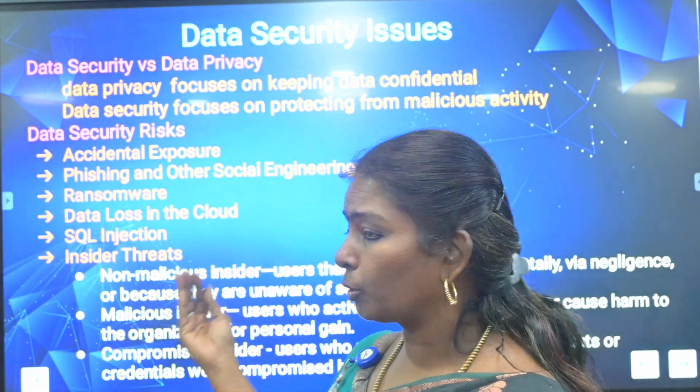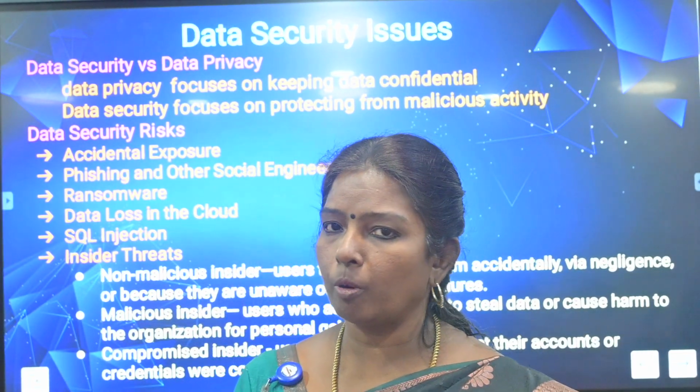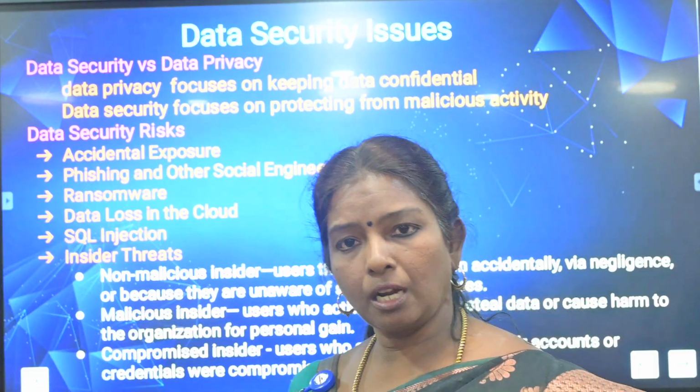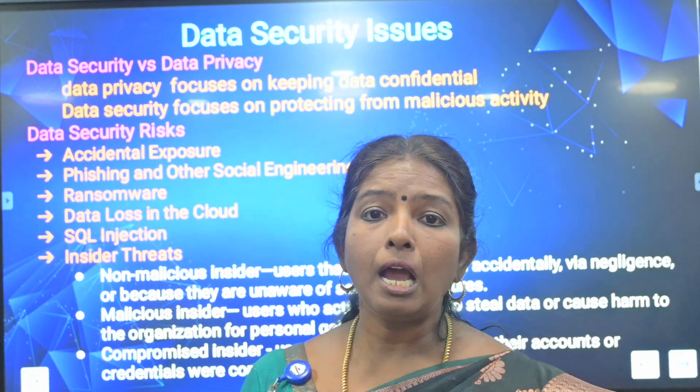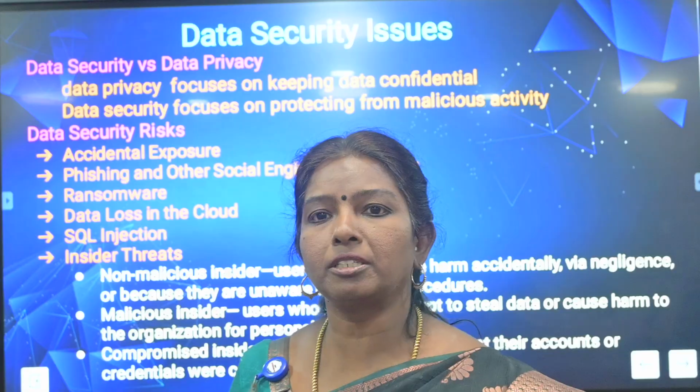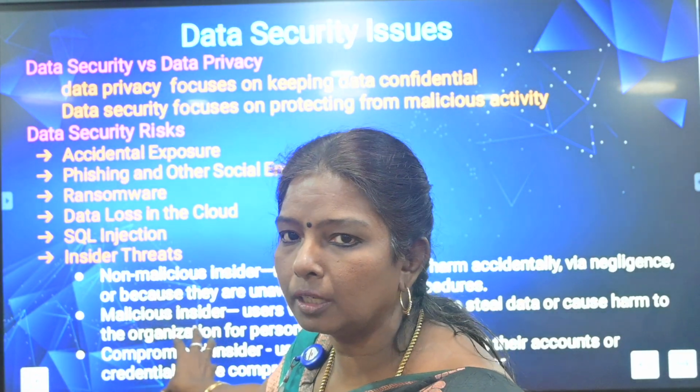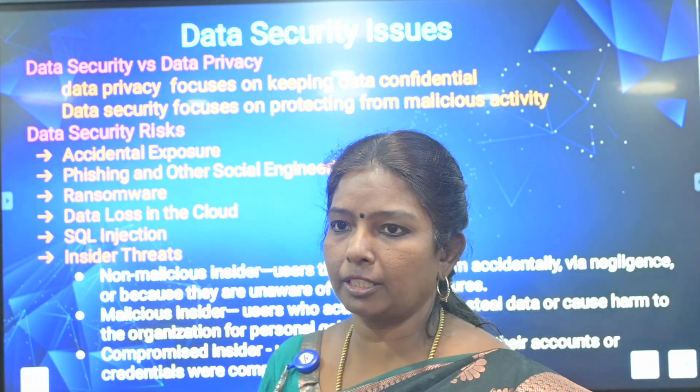And one more data security risk is ransomware. We all know what ransomware is, and there are also data loss in the cloud, SQL injection and insider threats. Insider threats are an important major issue in data security.